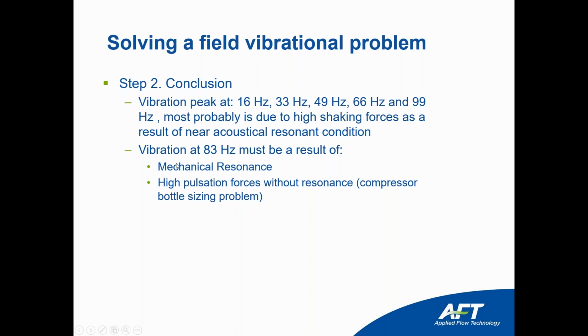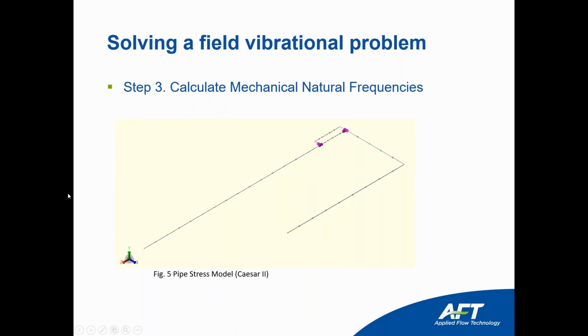So now you also see 16 hertz, 33 hertz, 49 hertz, and 99 hertz. So the conclusion from the acoustical calculation: vibrations peaking at 16 hertz, 33 hertz, 49 hertz, 66 hertz, and 99 hertz are most probably due to high shaking forces as a result of a near acoustical resonant condition.